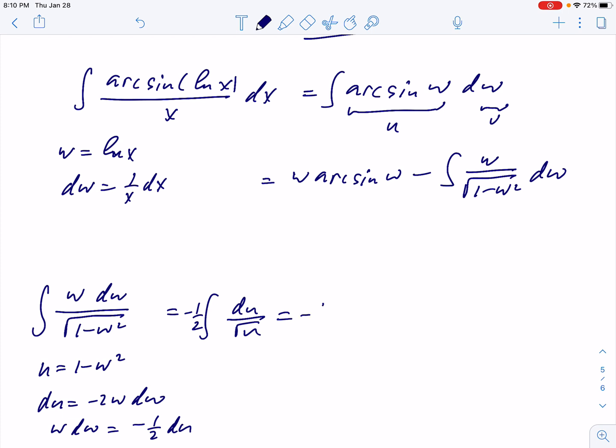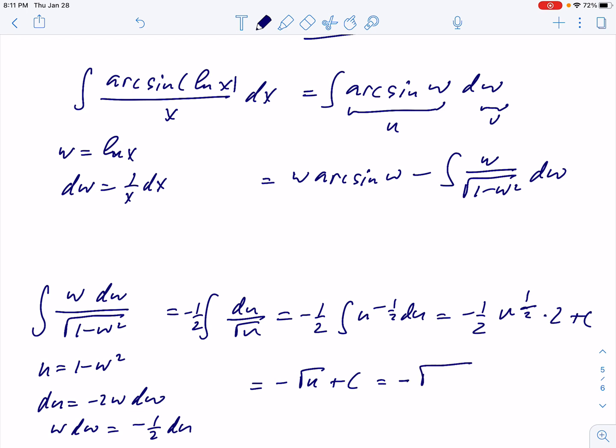So this will be negative 1/2 integral u^(negative 1/2) du. And this is, by the power rule, negative 1/2 u^(1/2) divided by 1/2, so multiply by 2, plus c. So this will be just negative root of u plus c. And now going back through all these variables, this is negative square root 1 minus w squared.